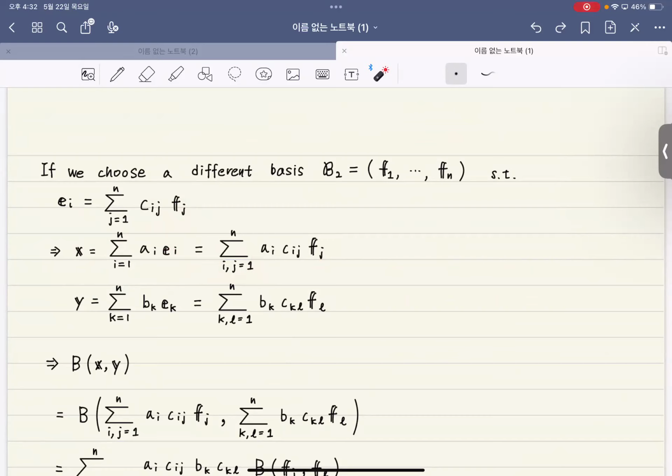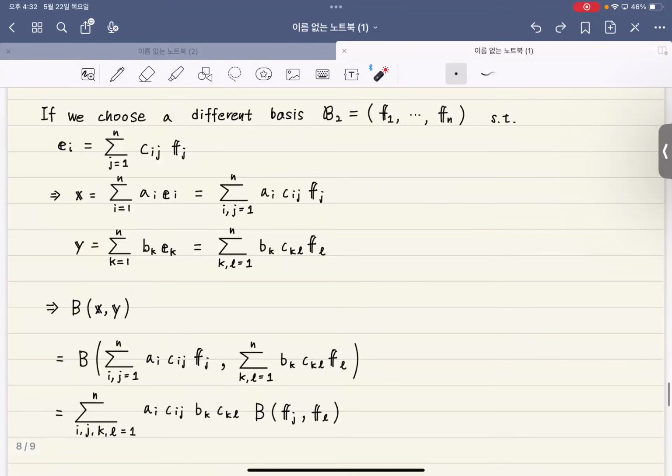And the vector Y, which was previously written as a linear combination of e, was again written as a linear combination of F. Okay. b_k, c_k. Okay. All right.